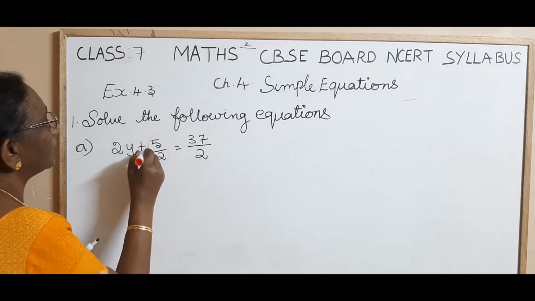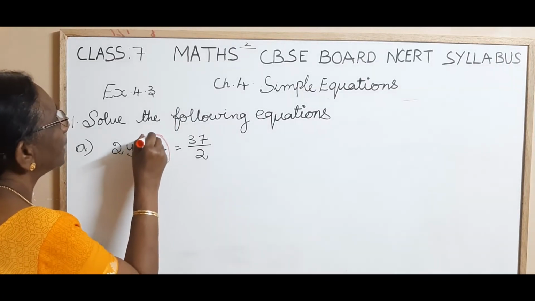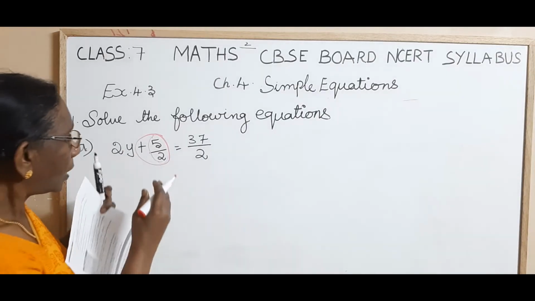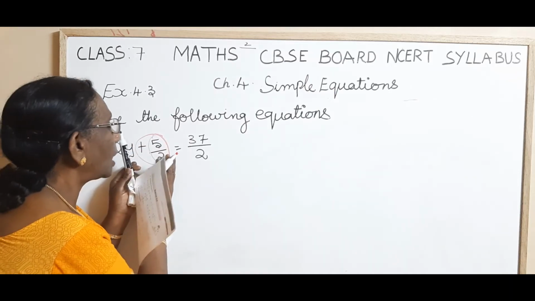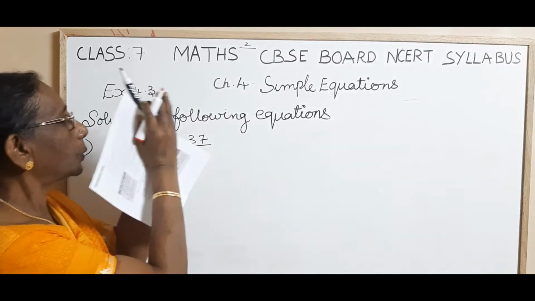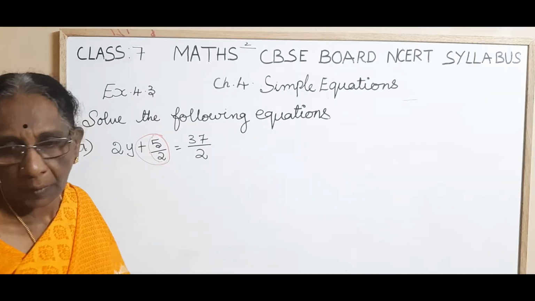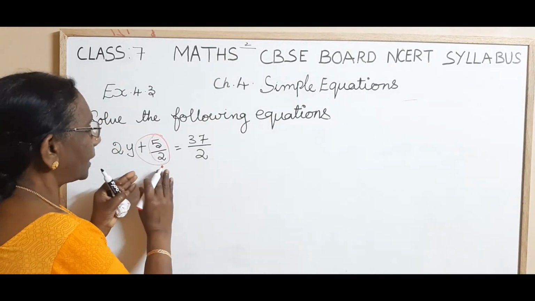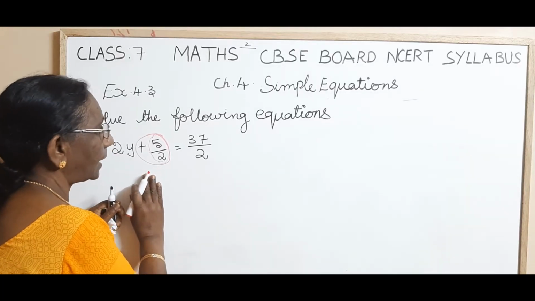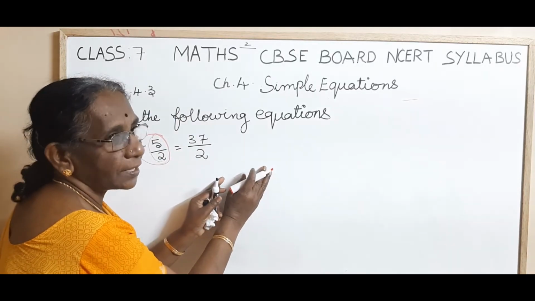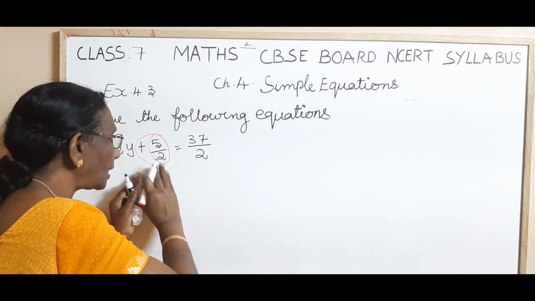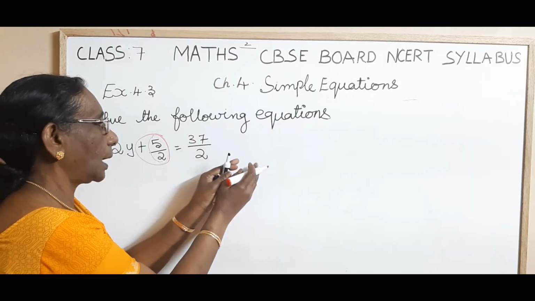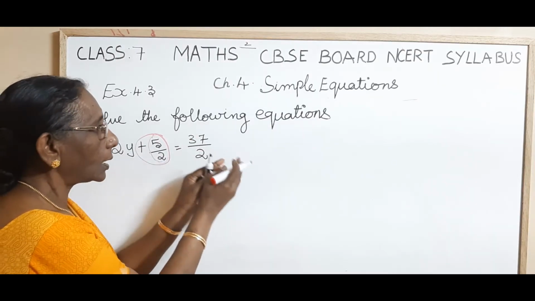This plus 5 by 2, we have to eliminate from the LHS. So for that, what should we do? We have to take this plus 5 by 2 from the left hand side and write it in the right hand side. That means we are changing the side of plus 5 by 2, from left hand side to right hand side.